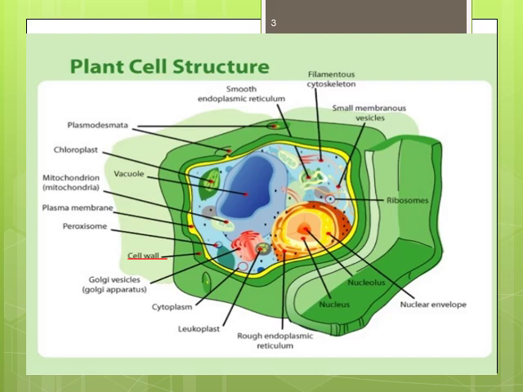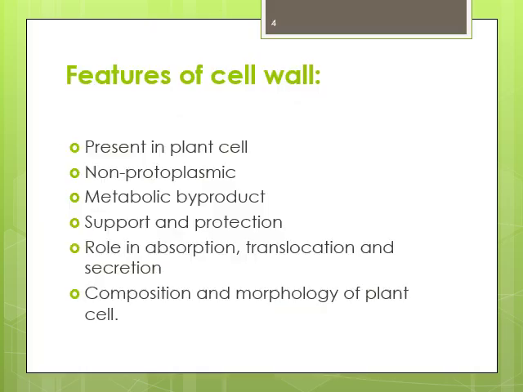Its formation, as you know, takes place at telophase of the cell division. So here we have some of the features of the cell wall that reflect its importance in the plant cell.